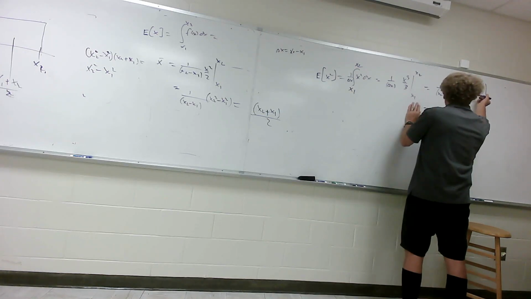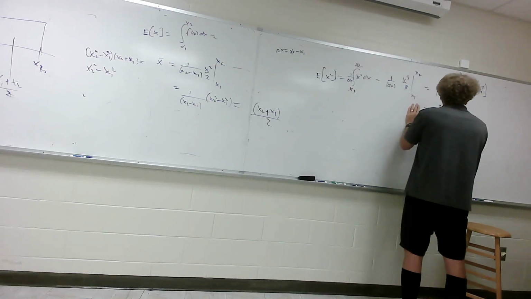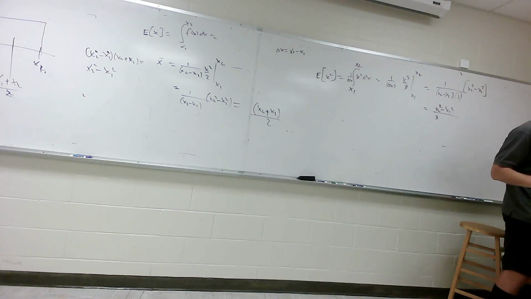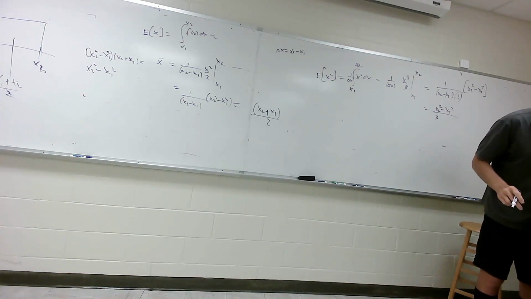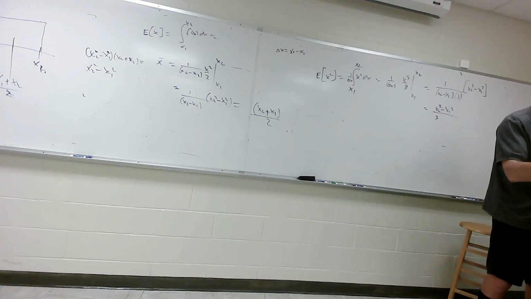Let's see. When you do this, what he's going to have down there, I believe, is x2 cubed, I'm sorry, x2 squared minus x1 squared, and then, if he has the factoring, I'm not sure if he has factoring here or not, it should be x2 over x1 cubed over 12.